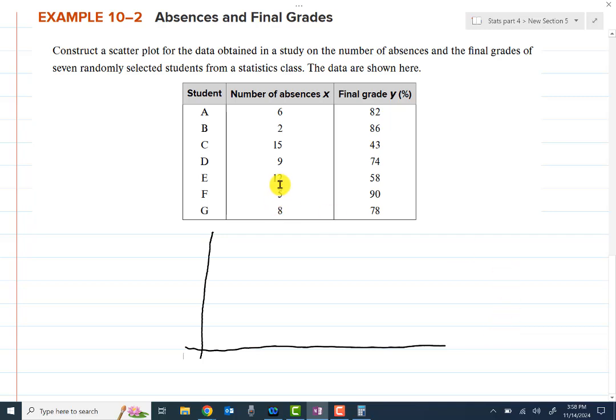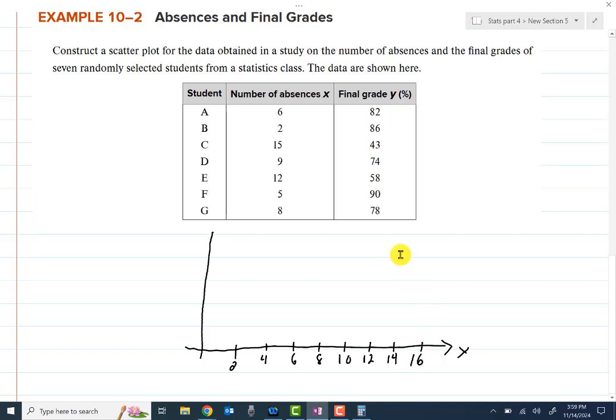So when I look at my x-axis, that's this one here, the values go anywhere from 2 up to 15. So maybe I'll go by 2s. Oh, my 15 may be out of place, but I'll go ahead and put it as a 16 then.